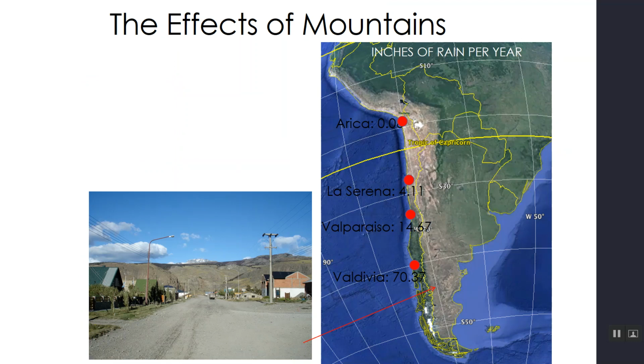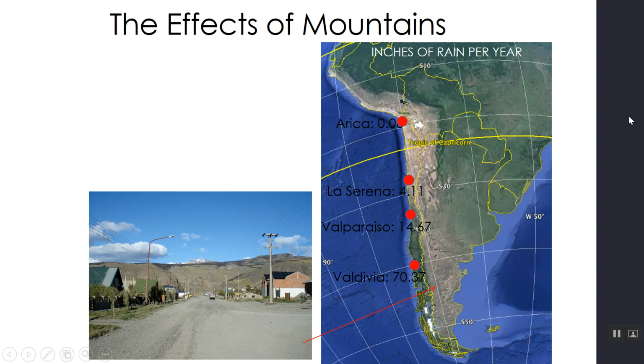And so the effects of the mountains, when you look at that windward and leeward side, in southern South America, you can see down south when you're on the windward side, you're getting about 70 inches of rain, and these are the westerlies that are bringing that moisture over.